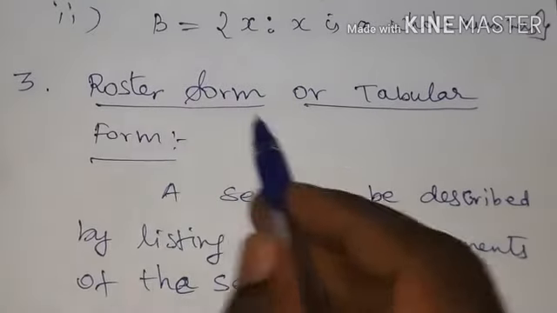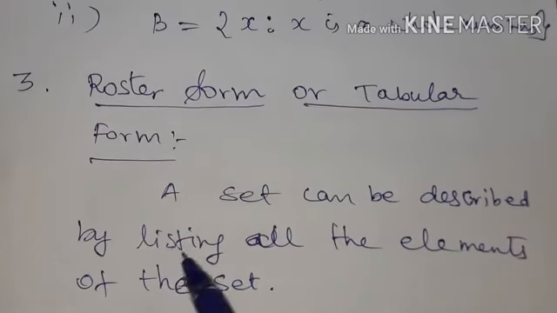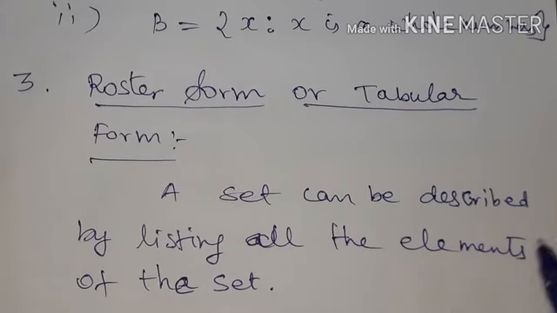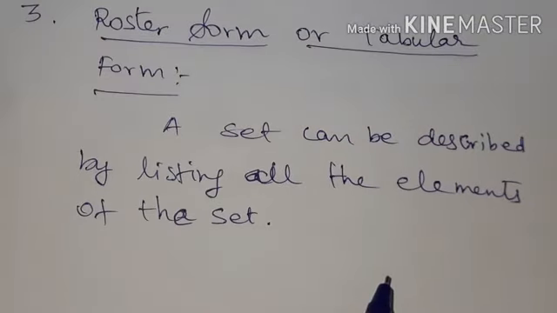Third one, roster form or tabular form. Roster form means a set can be described by listing all the elements of the set. Set of vowels in English alphabets is descriptive form.